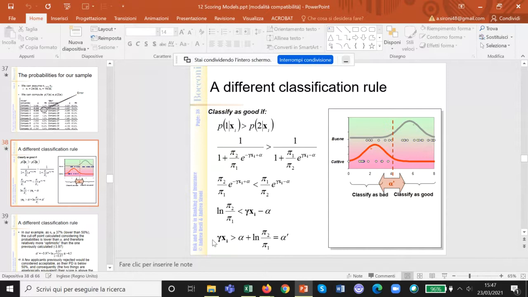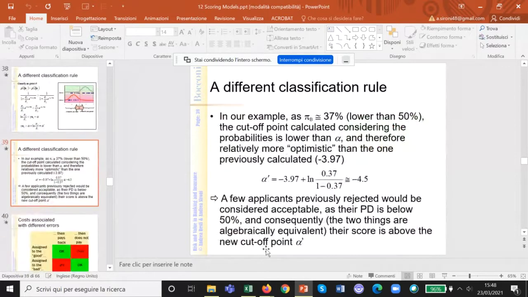And it can be shown, in the last equation of this slide, that this new cutoff point is alpha prime, exactly the same as before, alpha, but you add this component, which is the natural log of the ratio between pi2 and pi1. Because pi2 is generally lower than pi1, the cutoff point becomes more optimistic, okay?